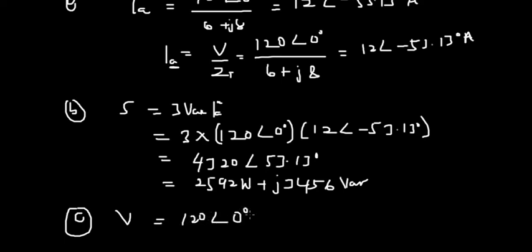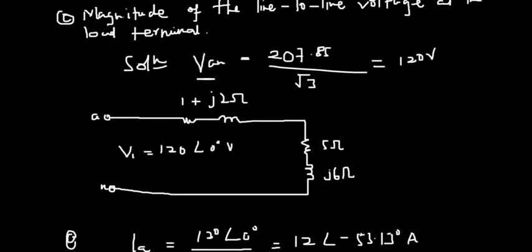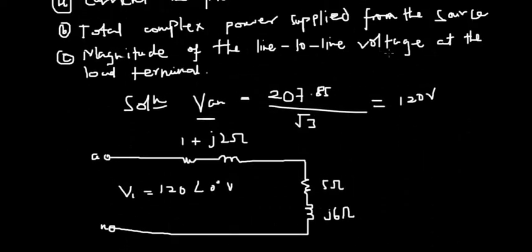And then we subtract that from 1. Note that we are calculating the magnitude of the line-to-line voltage at the load terminal, so we are summing everything up.